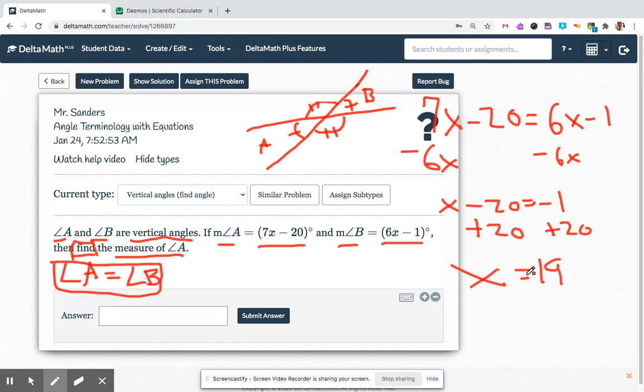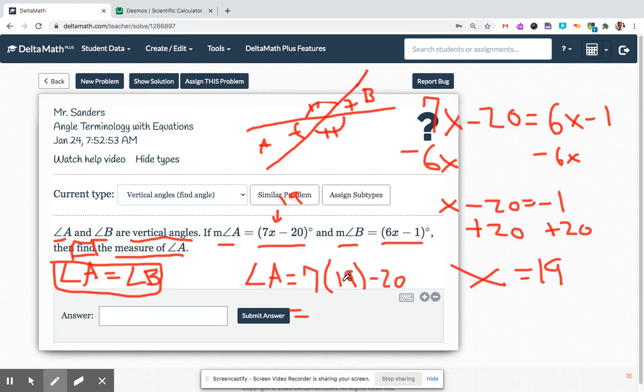Did they want x? No, they wanted angle A. I could plug it into each one because they're equal to each other, but just focus on the one they're looking at. Don't make it any harder than it needs to be. So angle A is equal to 7, and then we're plugging in 19 for x. So 7 times 19 minus 20 is what we're trying to calculate. 7 times 19, my trick is I do the tens place and then I do the 9.